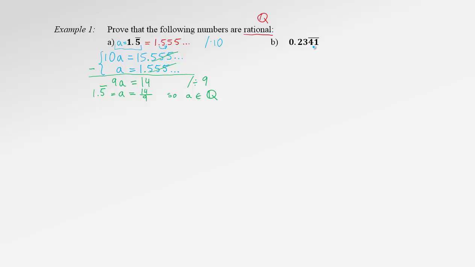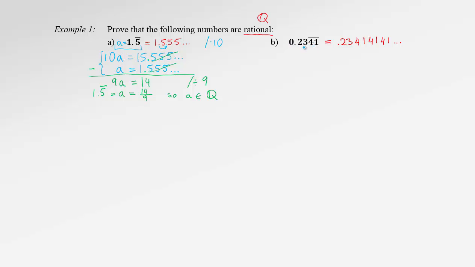Okay, let's see how we can deal with the second example. This time the repeated sequence is 41. We start with 0.23 and then 41 will be repeated. To see it better, we can write it as 0.23 and then 41, 41, 41 repeated. Similarly as before, we can call the original number a or x or any other letter that you wish.